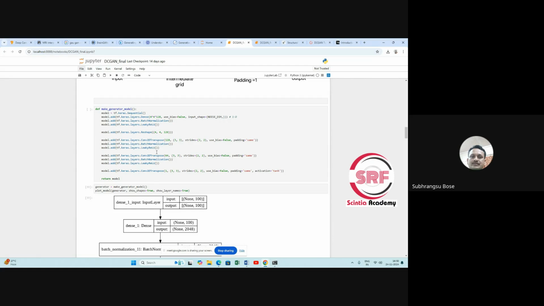I have already discussed this, but why do we need transpose CNN for the GAN? Because GAN creates a new picture. GAN cannot analyze the picture. The purpose of GAN is to create a new picture. Purpose of generator model is to create a new picture.